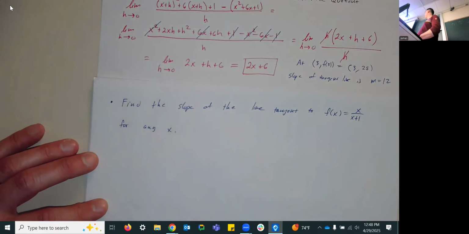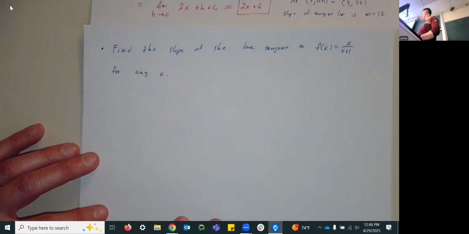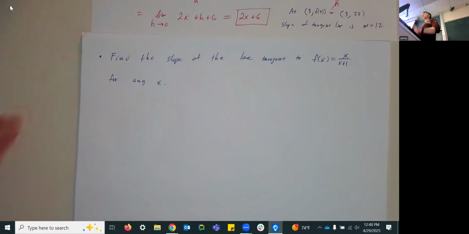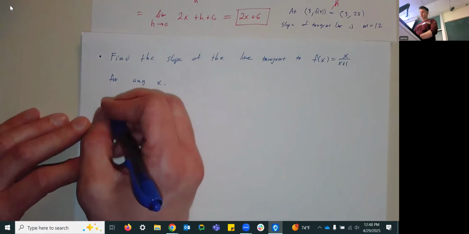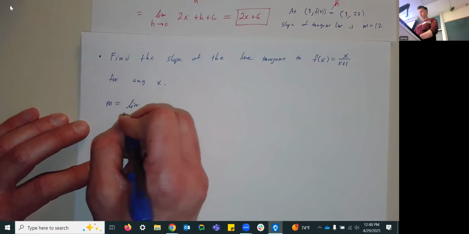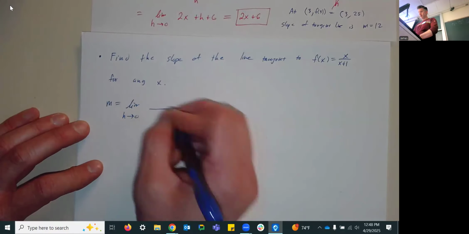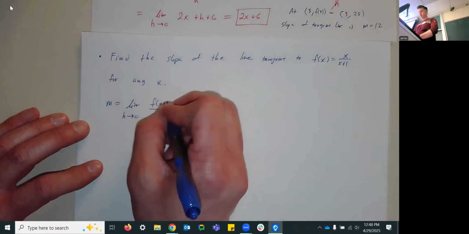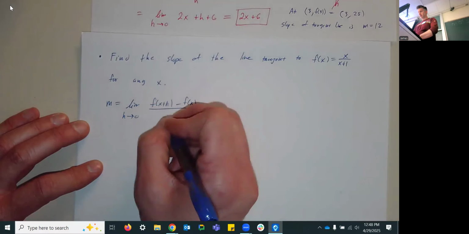That's part 1, and then we'll have a second part 2 at the end. So, same idea as before. If they say slope of the tangent line, we know that we're going to find the limit as h approaches 0 of f of x plus h minus f of x, divided by h.